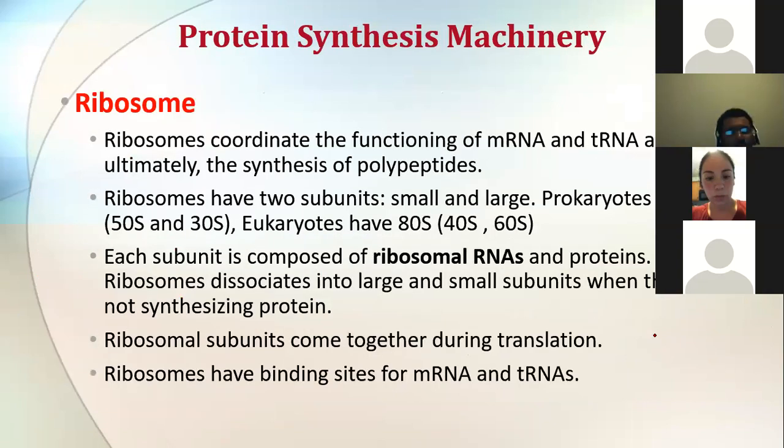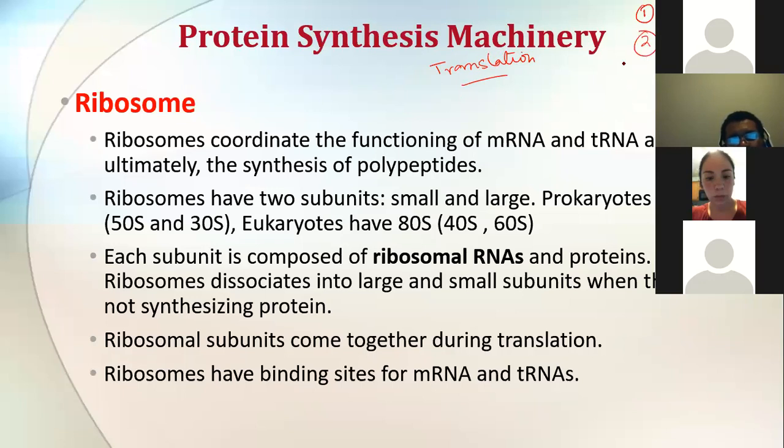Okay. Now, our next part is translation. Translation is when we finally make the protein. So what happened? First, we replicated the DNA. That's the replication of DNA, just immediately before cell division.